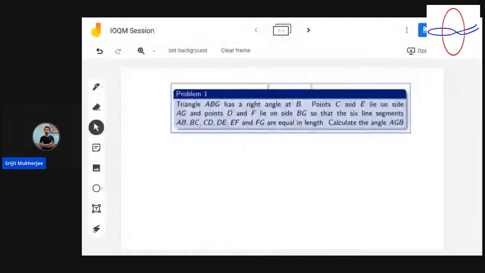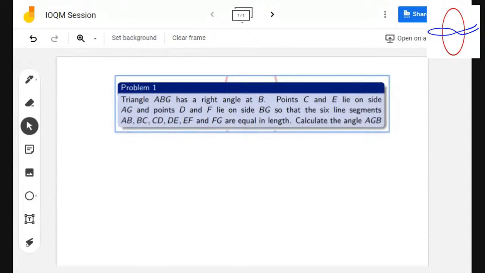Can you see my screen, guys? I guess you do.